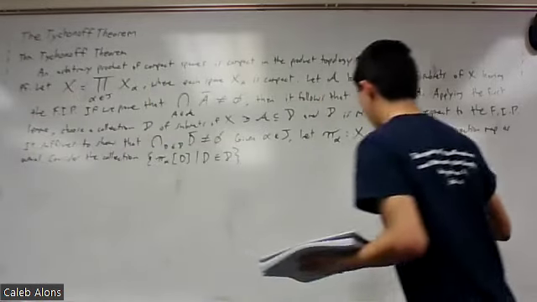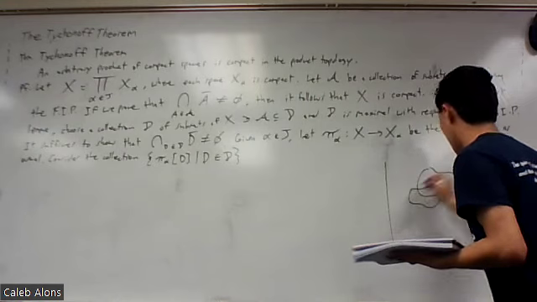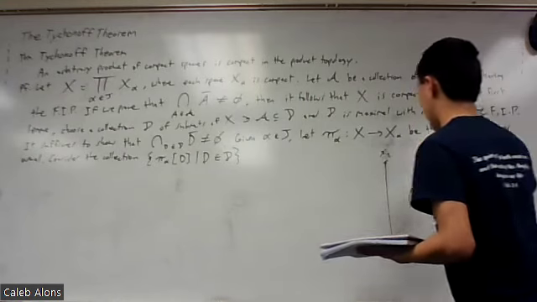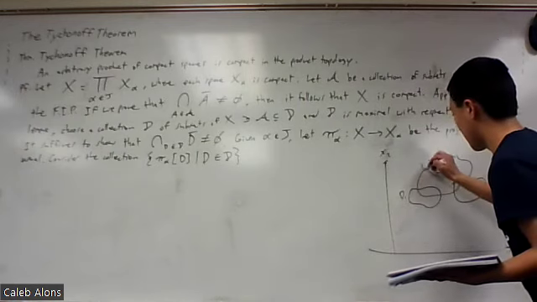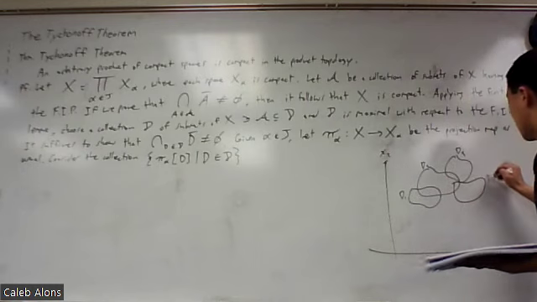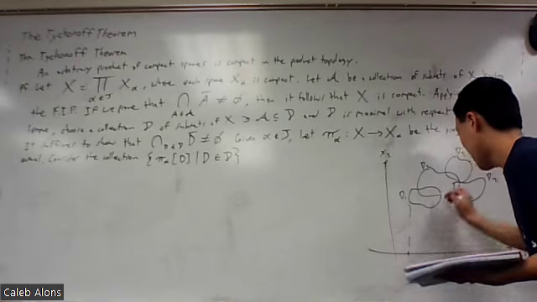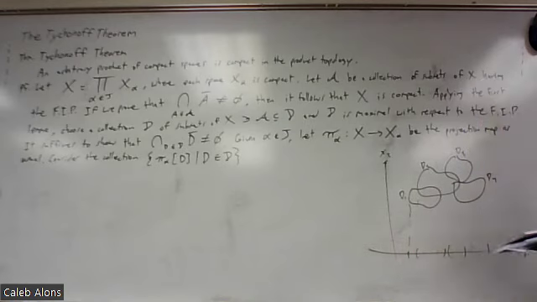So now think about conglomerate blobs of stuff. Say this is some X1, say this is some X2. And now these blobs, these are the D's. So this is like D1, D2, D3, D4, and I'm projecting onto here. So it's kind of flattening out onto, so this would be that image projection.